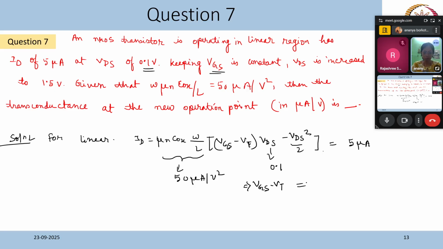Let's calculate quickly. So 5 by 50 plus, so this is 1.05 volt.